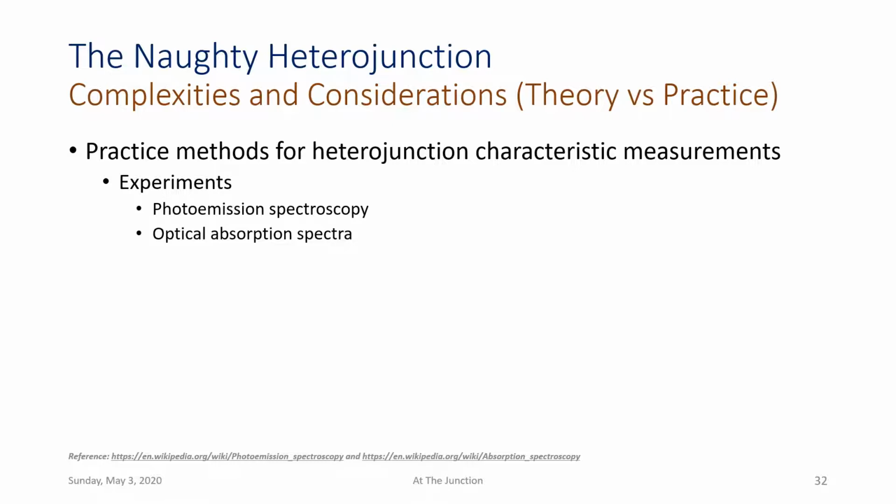In fact, the experimental methods of figuring out the band diagram for heterojunctions are by far considered the most accurate method for measuring the band diagrams for a heterojunction.